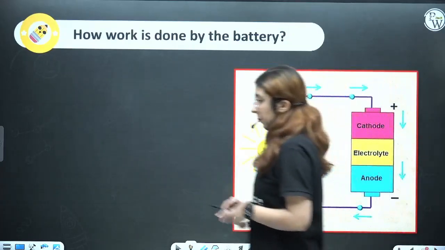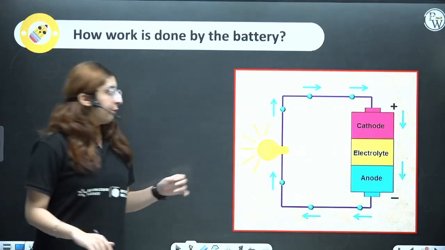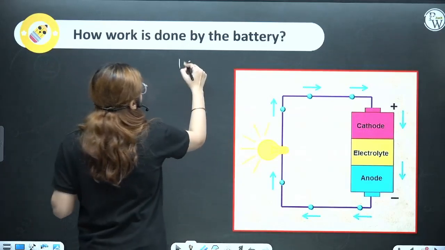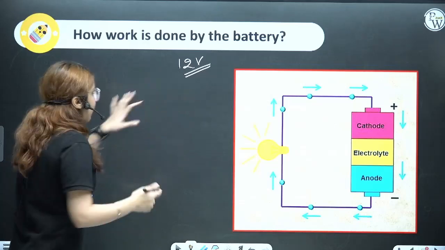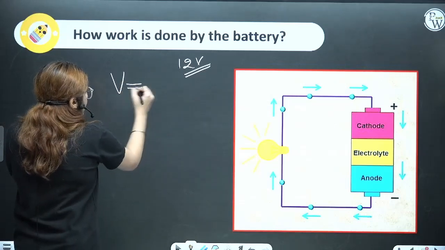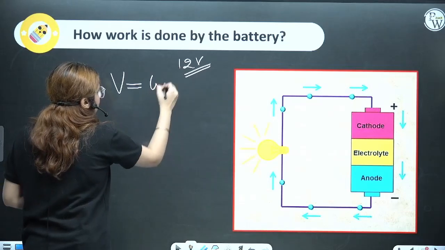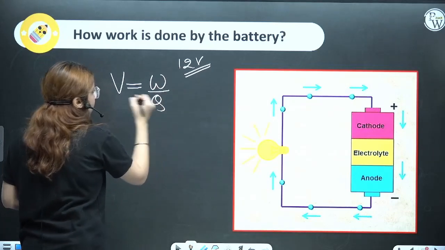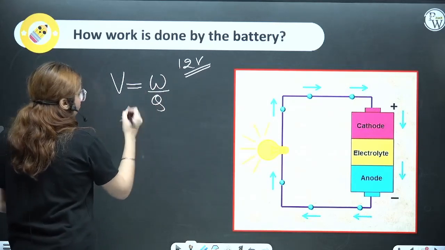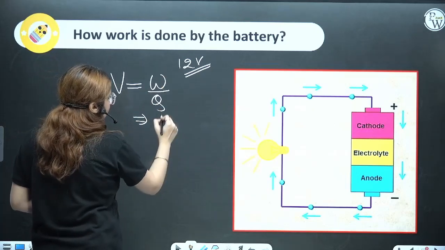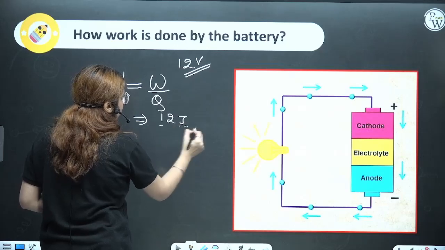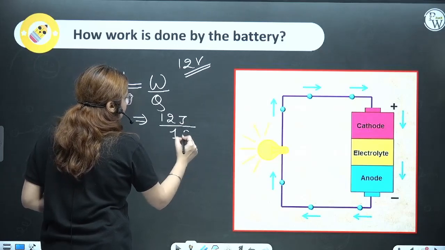Let's have a look here. I am telling you here the battery is of 12 volt. What am I trying to convey here? Potential difference, volt, is nothing but work done upon a particular charge. So what are you going to imply over here? That this is nothing but 12 joule of work done on a particular charge.